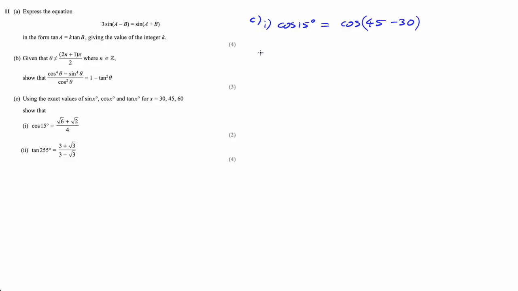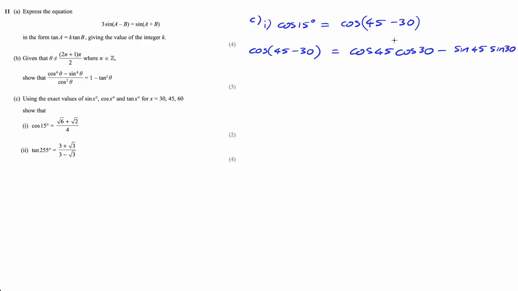Now, cos 45 minus 30, this is equal to cos squared 45 minus sine squared, I'm sorry, that is not true. What am I doing? It's cos 45 times cos 30 minus sine 45 sine 30.